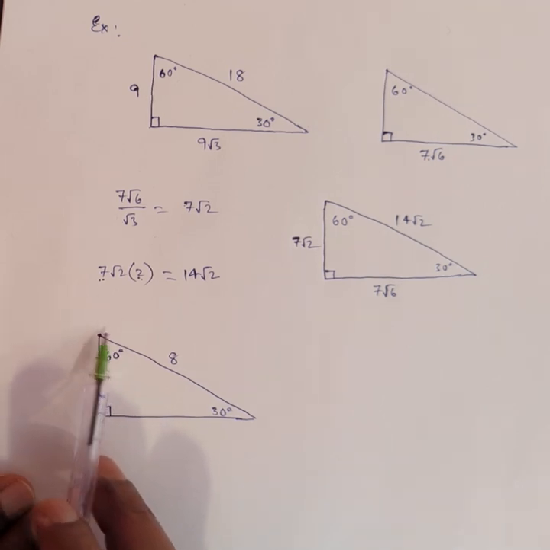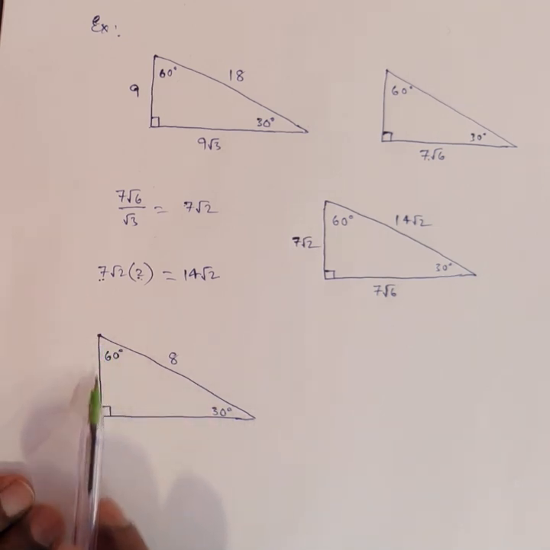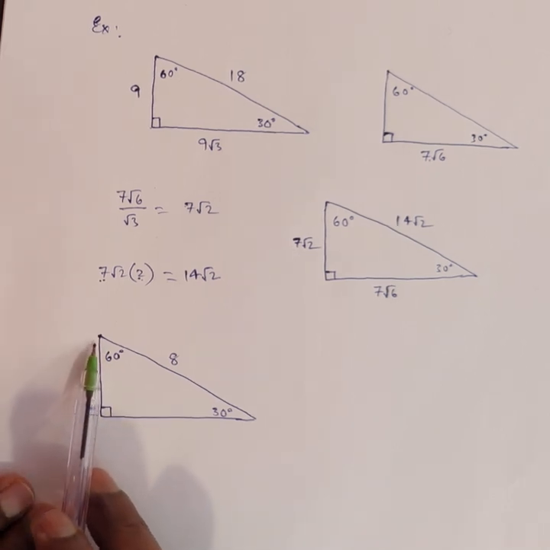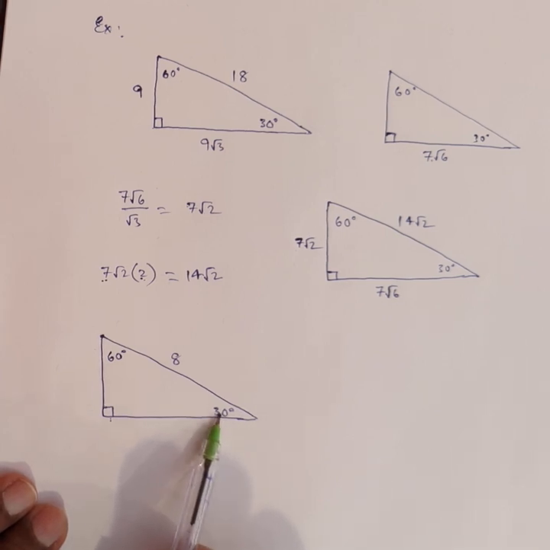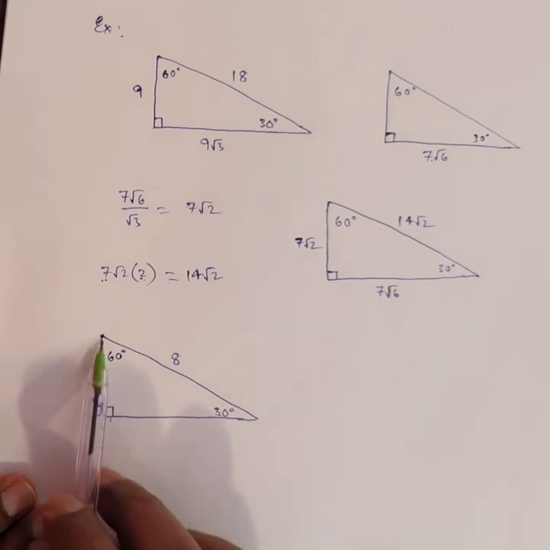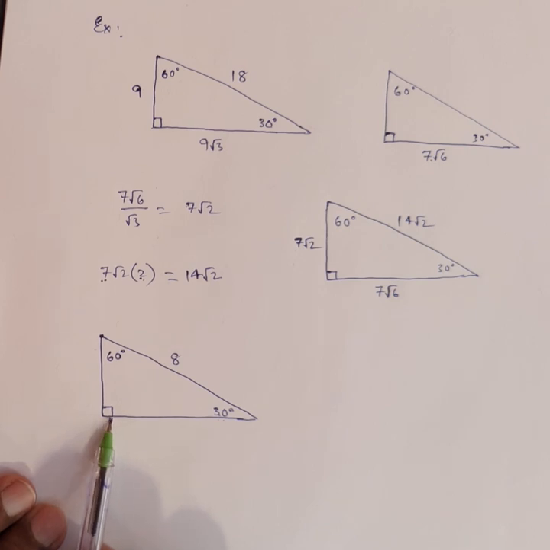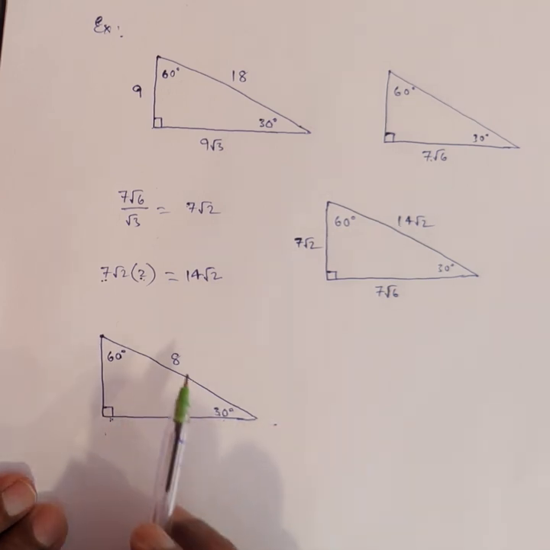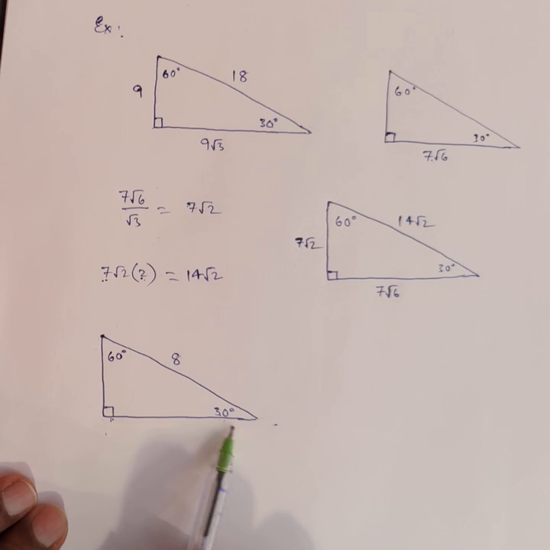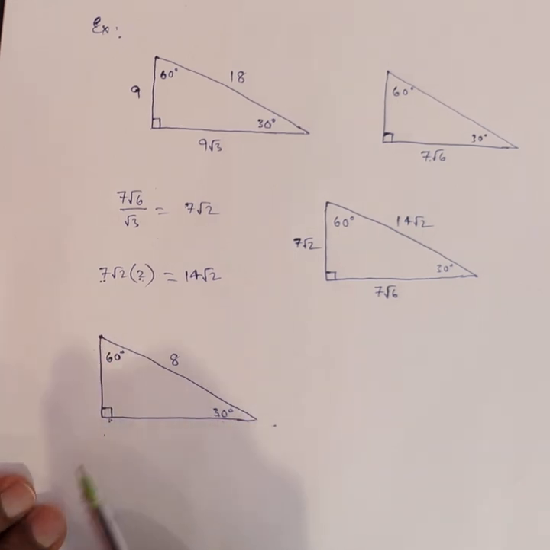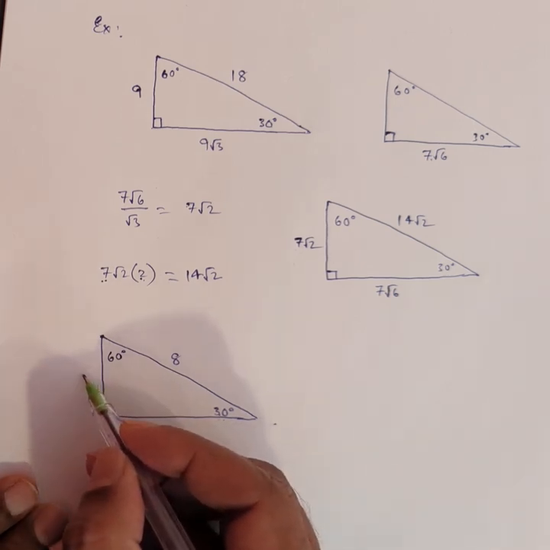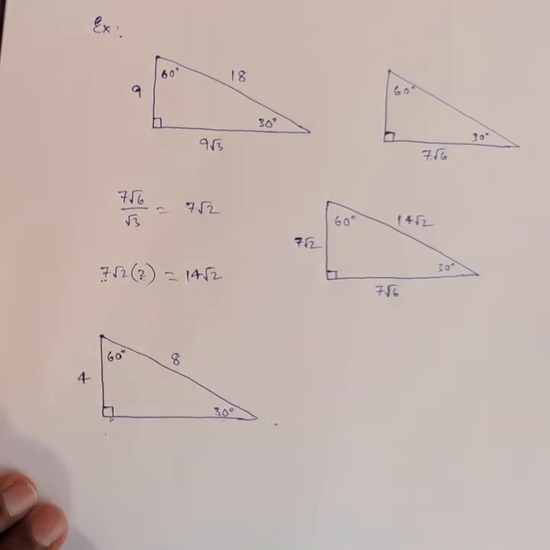Now, the hypotenuse is twice as big as the short leg, and this leg is short. How do I know that? It feels smaller, but the more accurate reason is it's opposite to the smallest angle, 30 degrees. So that's why this is the short leg, and that's the long leg. So the hypotenuse is double the short leg, which means if the hypotenuse is 8, to get the short leg, I have to divide by 2, and I get 4.